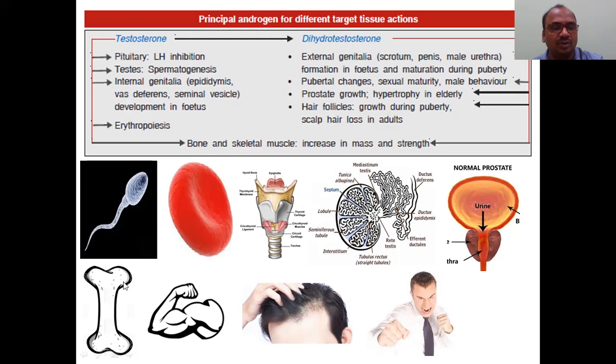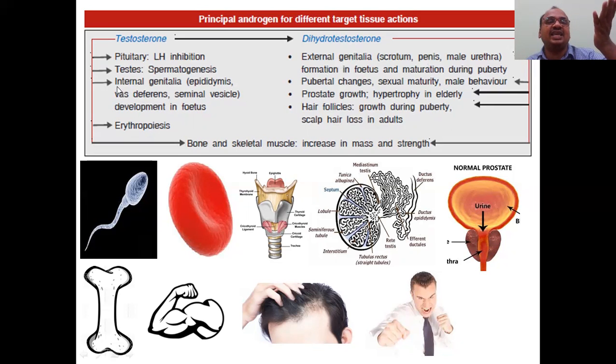See here, bone, skeleton, muscles. Both I have shown. This is the action of both testosterone and dihydrotestosterone. That's why the double arrow mark is there. Here also an arrow mark, here also an arrow mark. And dihydrotestosterone acts on external genitalia like the scrotum. This is also very important. The external parts of the male sex organs are the scrotum, penis, and male urethra, due to dihydrotestosterone.